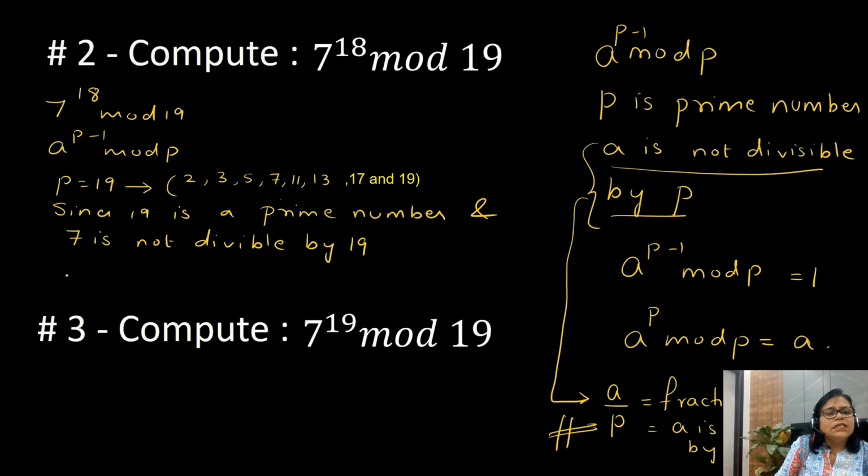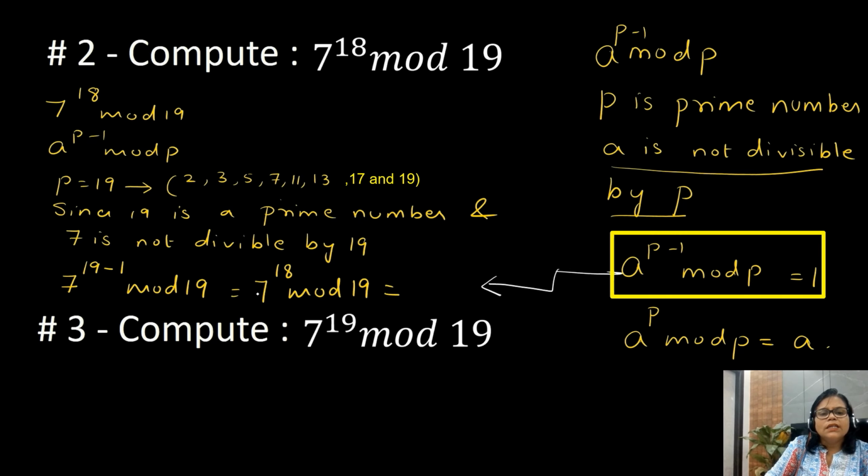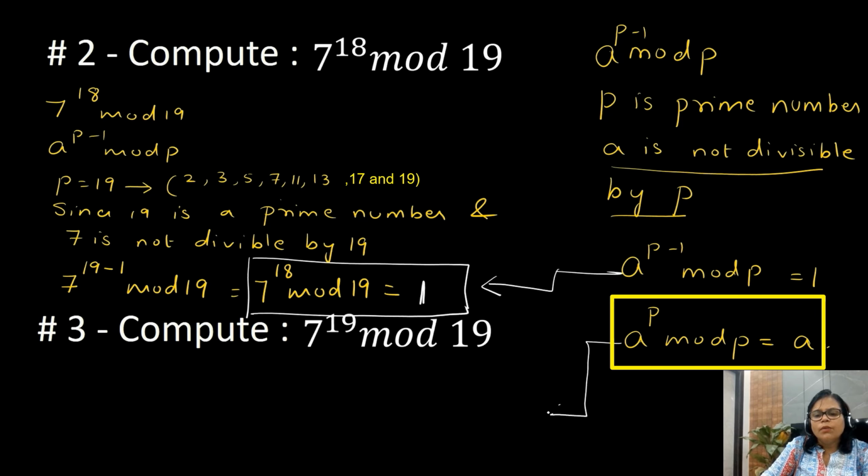Therefore, we can easily write 7 raised to p minus 1, that is 19 minus 1, mod 19, which is 7 raised to 18 mod 19. So rather than computing, you can directly use Fermat's theorem and say that 7 raised to 18 mod 19 is equal to 1. Similarly, by using the alternate Fermat's theorem, you can solve 7 raised to 19 mod 19, which is equal to 7.